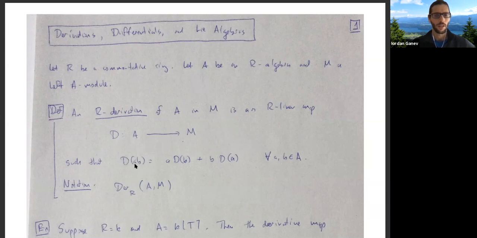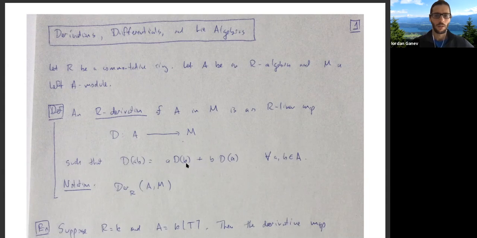If we take the product of two elements a and b inside our algebra, then D sends this product to a sum of two things. First, we have D(b), which is an element in M. M is an A-module, so we can act by little a. So we have a times D(b). And similarly, we can act by b on D(a), which lives in M, the A-module.